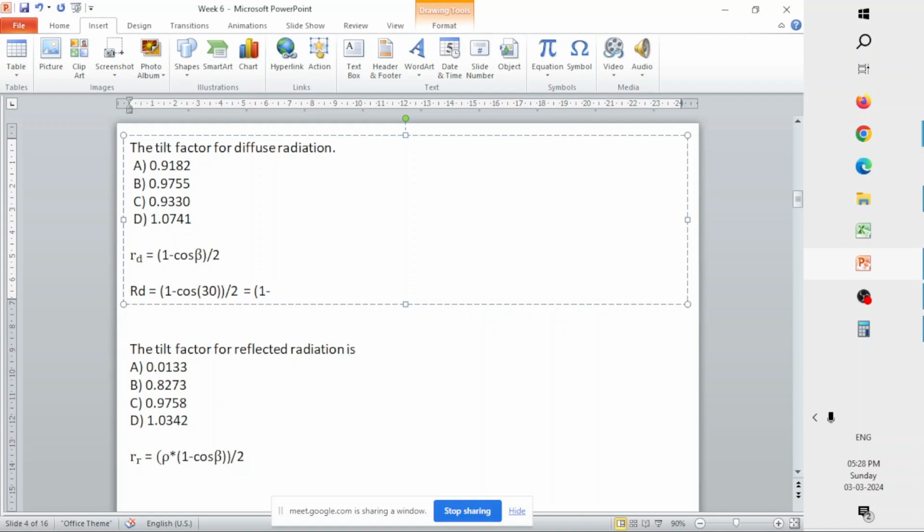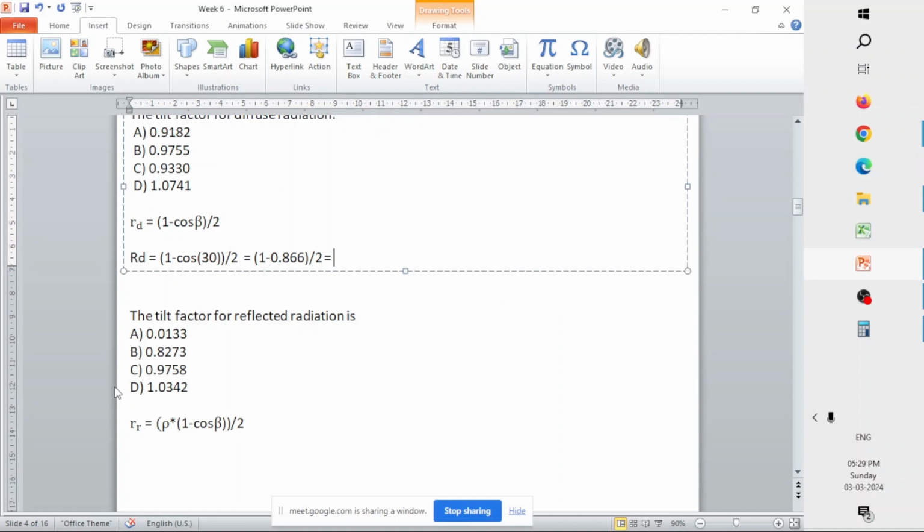Cos 30 will be root 3 by 2, 0.866, so that would be 1 minus 0.866 divided by 2. So this value you can calculate, and similarly for reflected radiation also.